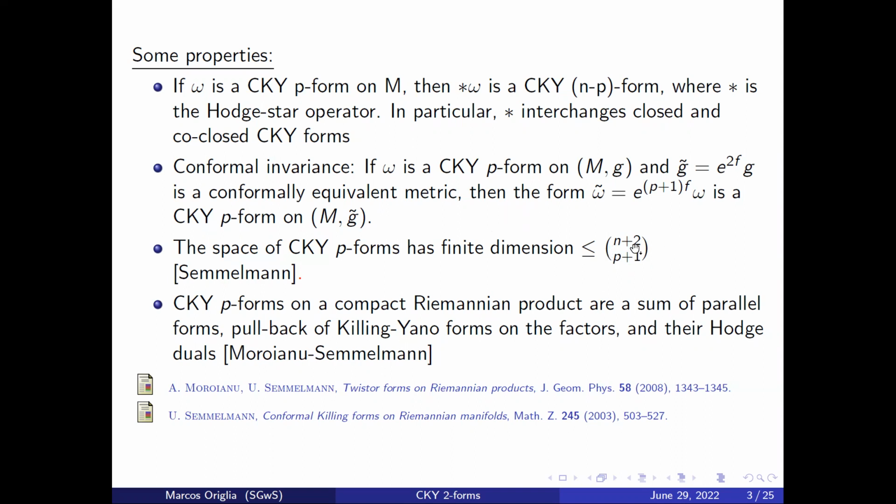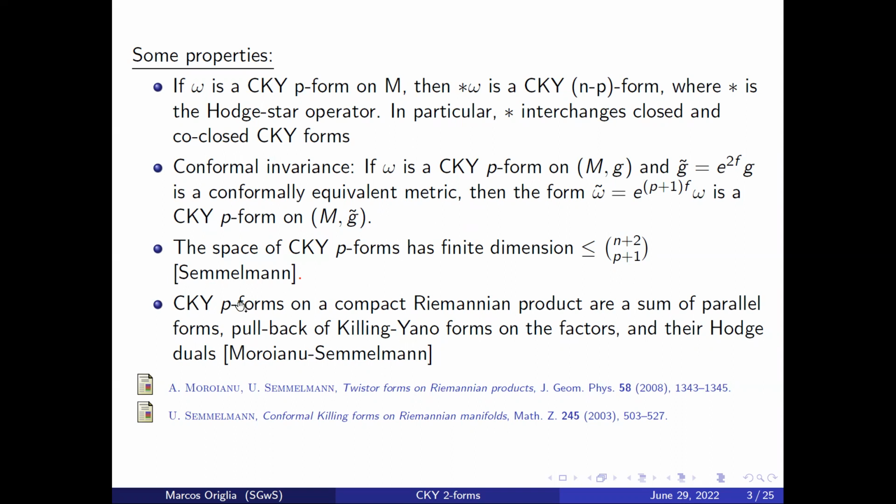Again, n is the dimension of the manifold, and since we are talking about p-forms, that's why the p plus 1 is here. We get the full dimension, for example, in the case of the standard sphere. And actually, when you get the full dimension of this space, the manifold has to be conformally flat.